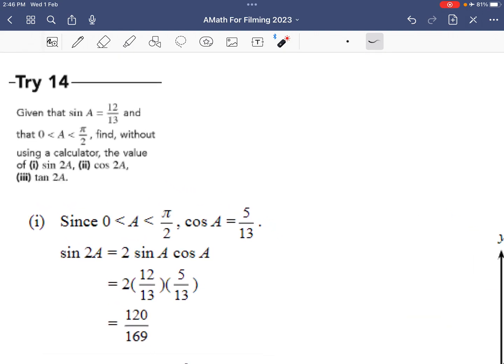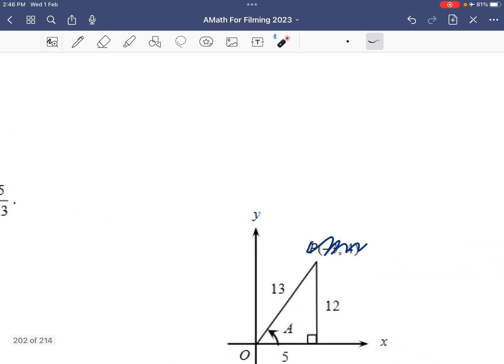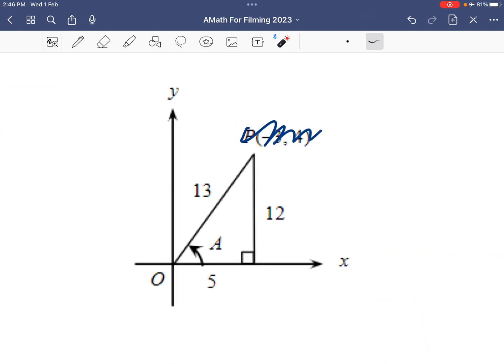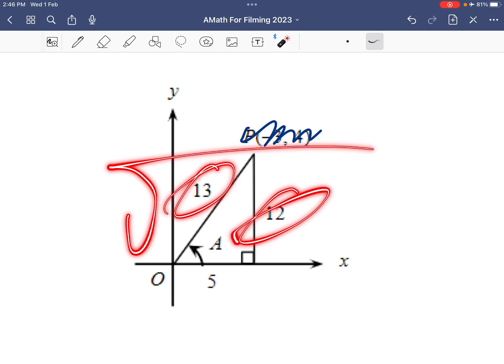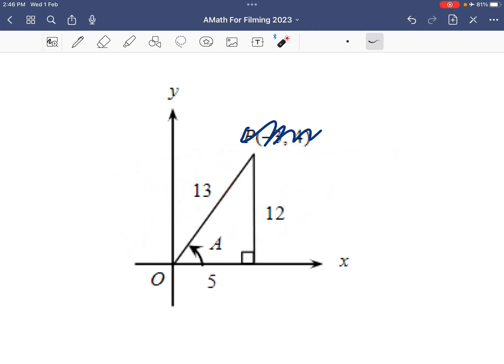First and foremost, in try 14, we learned that sine A is 12/13 and that the angle A is in the first quadrant itself, which means that sine, cosine and tangent will all be positive. So if I were to draw the diagram, sine A is 12/13. 13 squared minus 12 squared, square root, I find by Pythagoras theorem that this side is equal to 5.